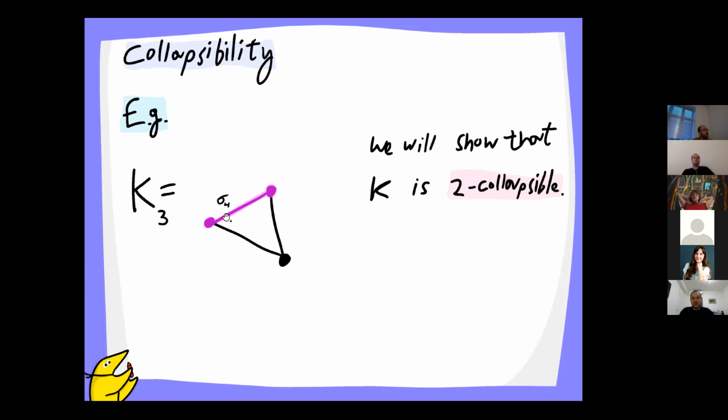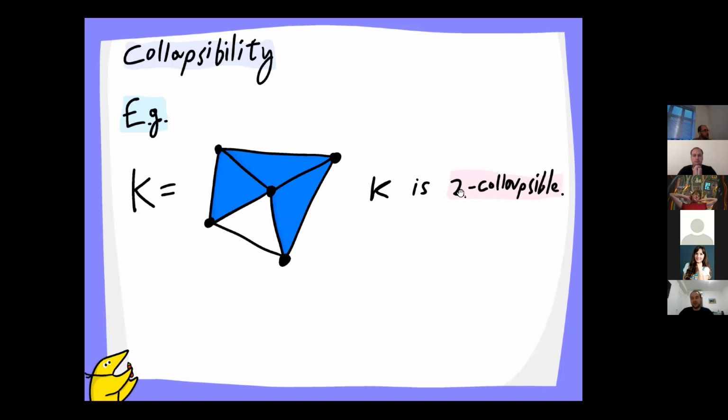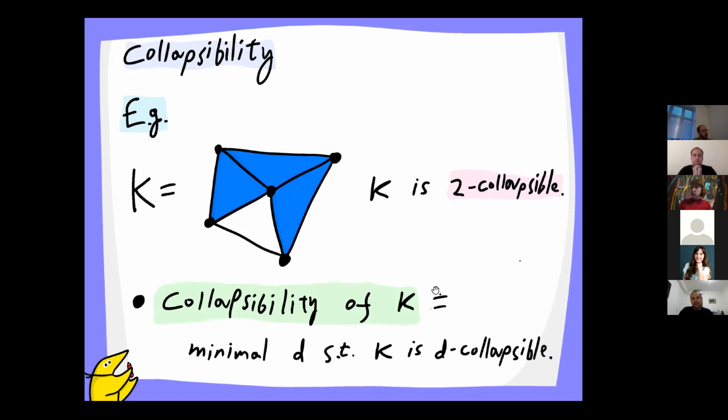It is a maximal face by itself, but this is allowed, so we can remove it, and so on. So we were able to remove all of the simplices, so K is 2-collapsible. The collapsibility of a complex K is the minimal d such that it is d-collapsible.